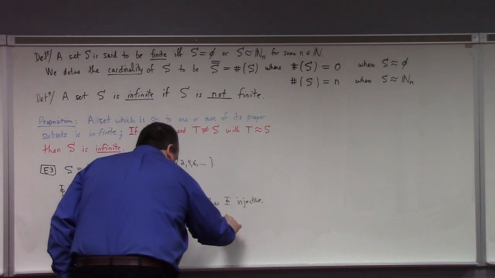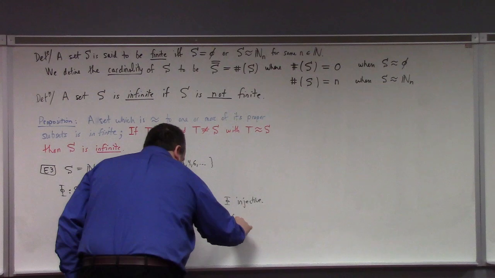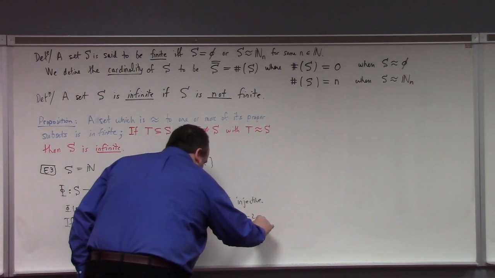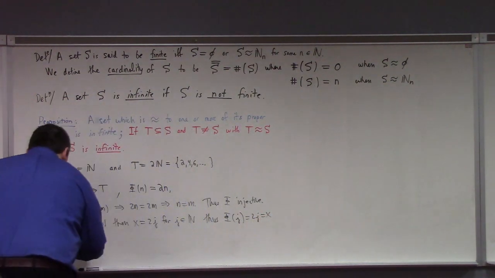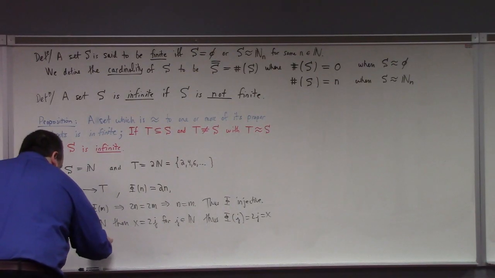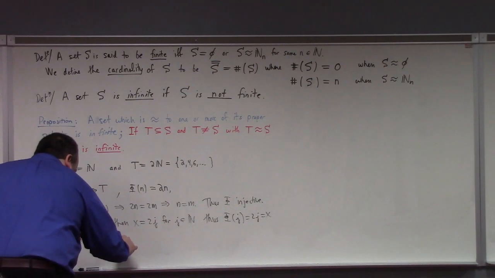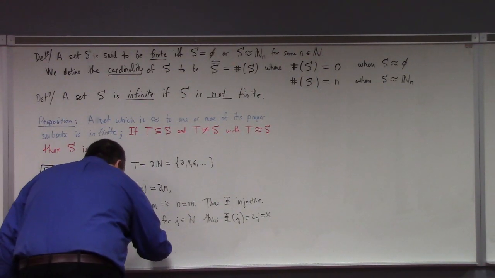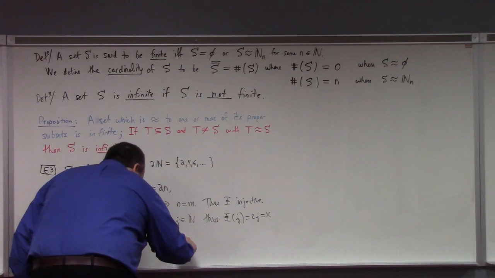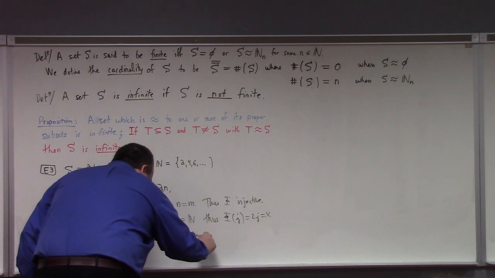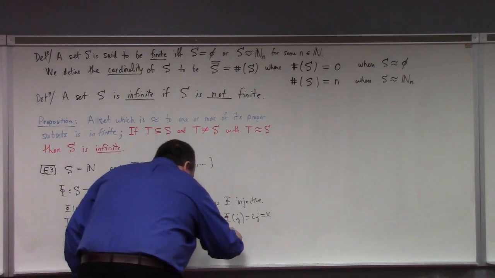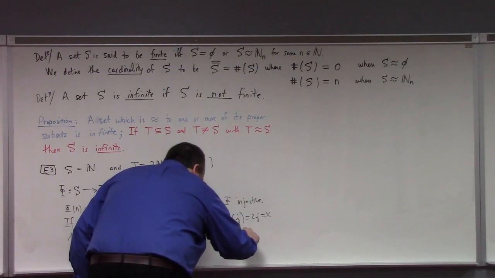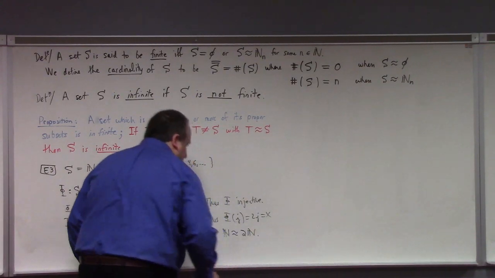Thus, phi of j is equal to 2j is equal to x. Thus, phi is onto. Therefore, phi is a bijection. And we have that the natural numbers are equivalent to twice the natural numbers.